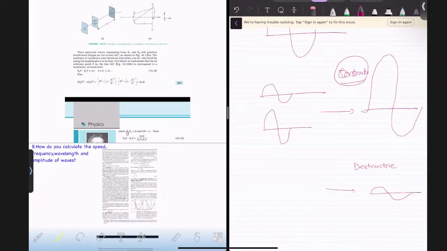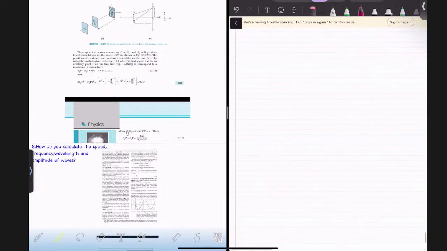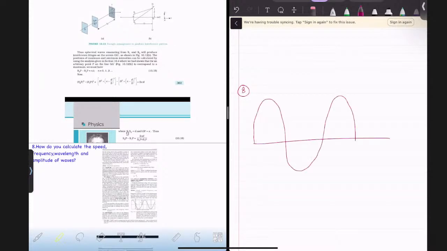Okay, so now coming to waves. How do you calculate the speed, frequency, wavelength, and amplitude of a wave? So we will start with the amplitude. If the wave is moving like this, what is amplitude, guys?